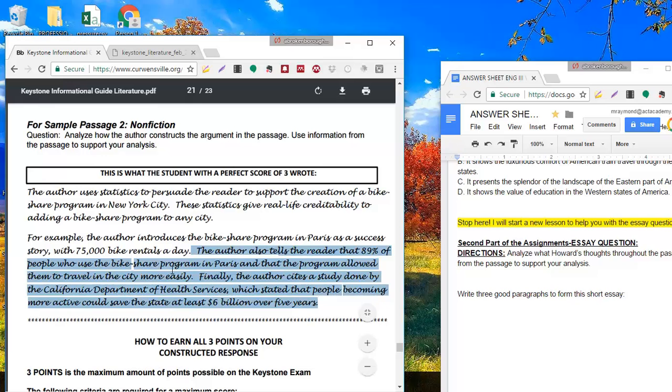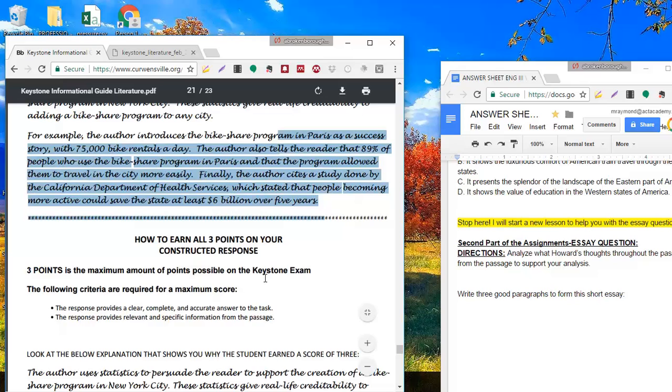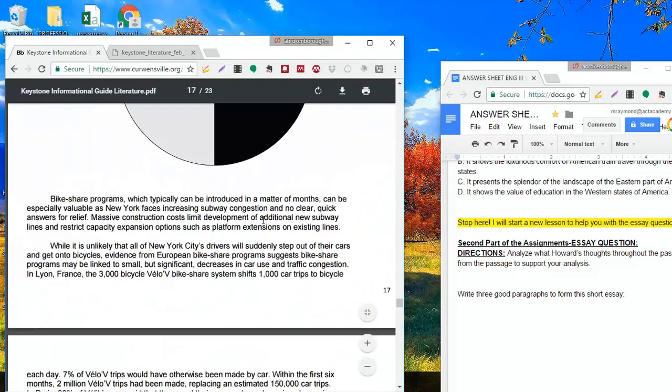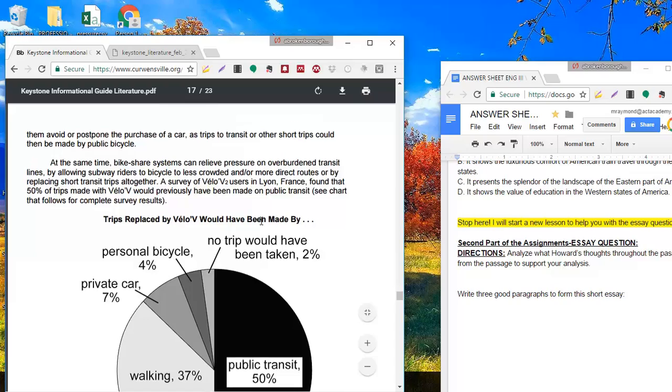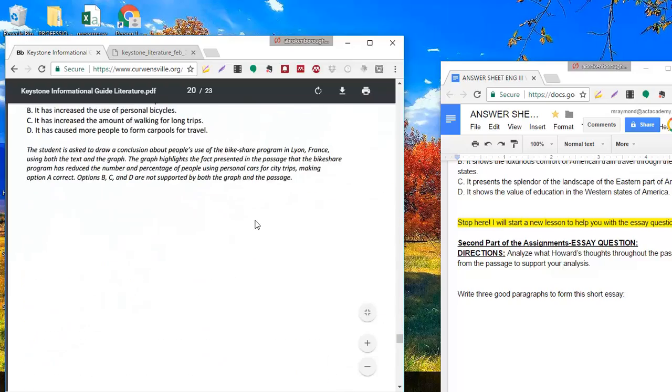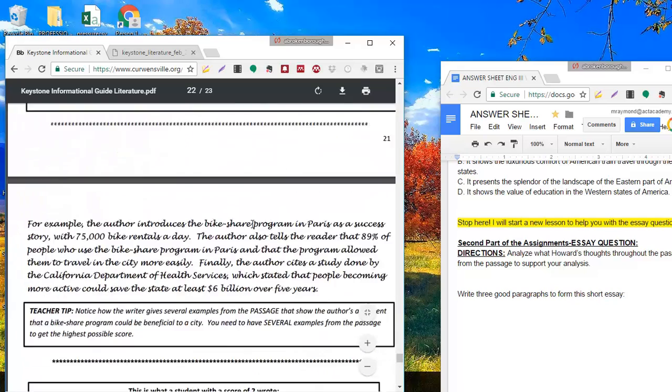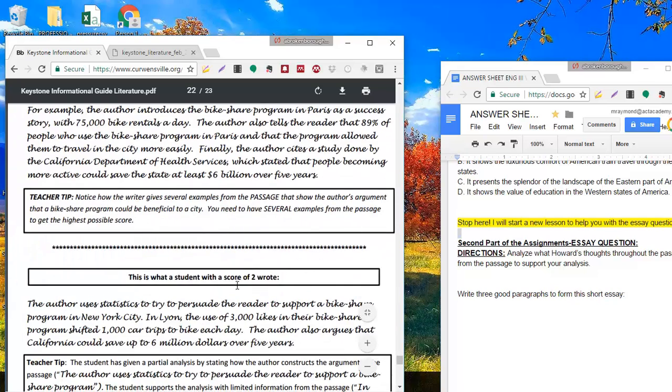All of these things are information from the passage. The response provides a clear, complete, and accurate answer. The response provides relevant and specific information from this passage. So you want to make sure that you do that.